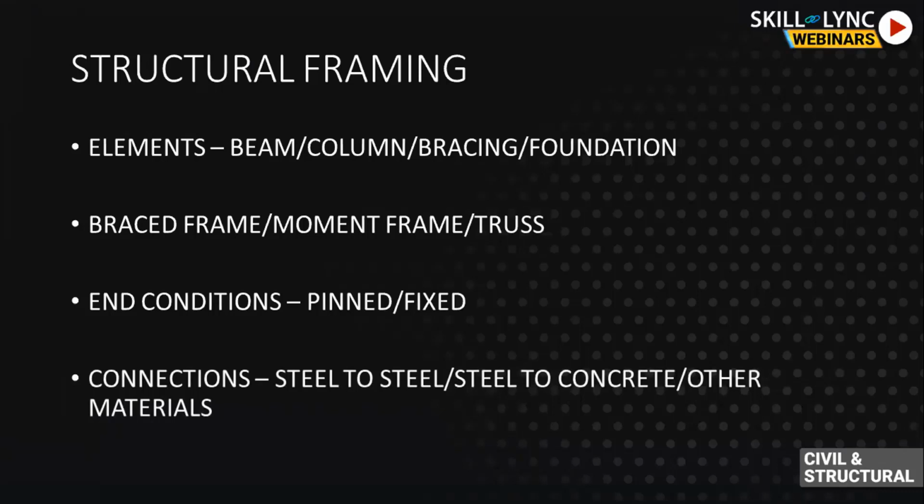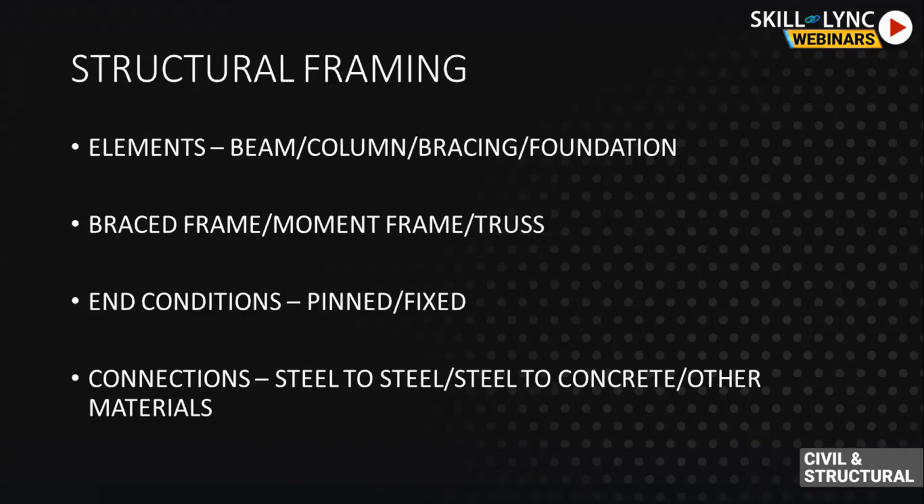Now connections. This is the most sensitive part of a structure. When it is a steel structure, there will be steel to steel joints. When it is a concrete structure, there will be concrete to concrete joints. How do we connect it? There will be a horizontal member, a vertical member, and a diagonal member.